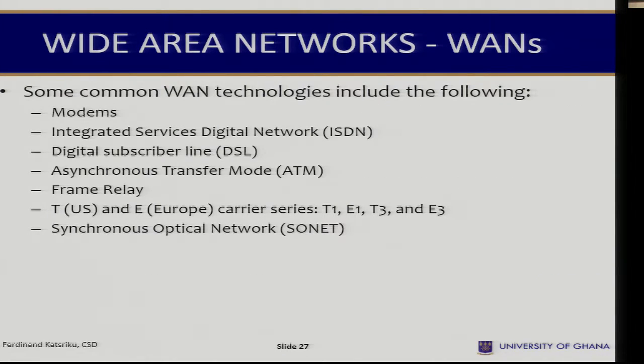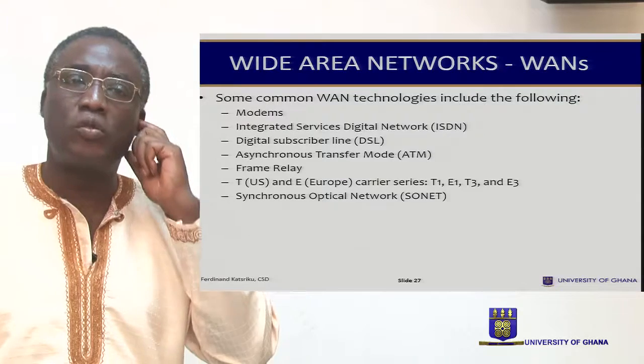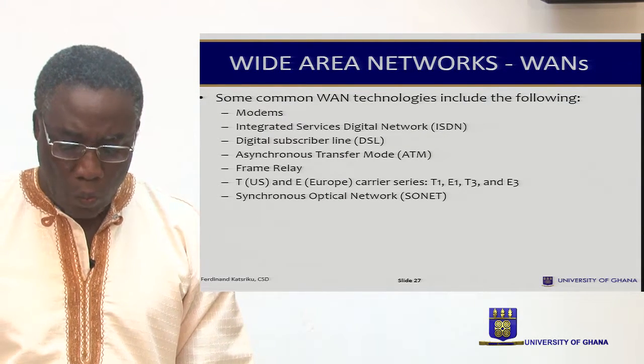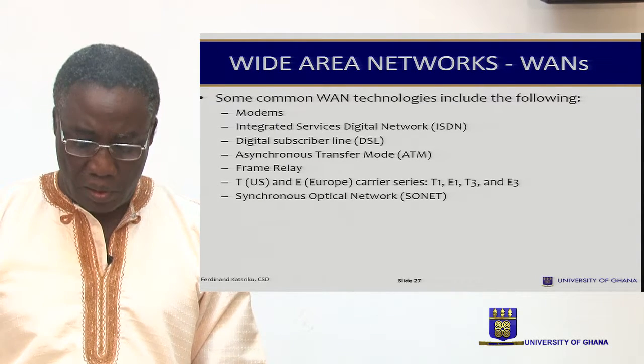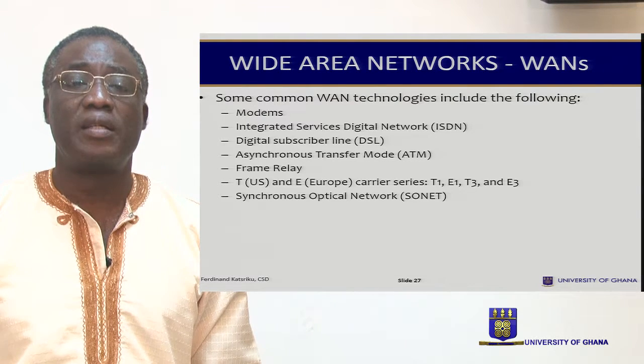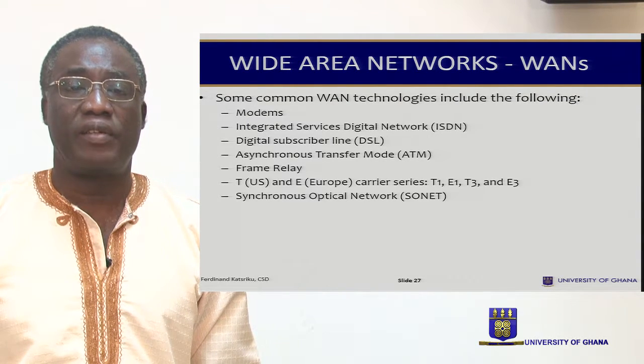If you want to build a LAN, you don't necessarily need a modem. We saw the technology used for building LANs, but for a WAN, you need different types of technology. And each of these technologies I've mentioned has its own advantages and disadvantages.